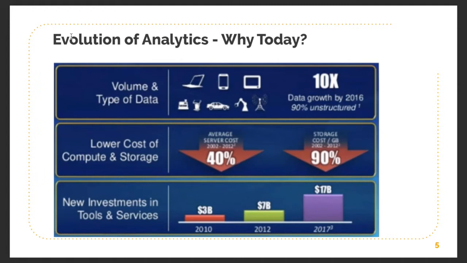Together with that, the cost of computing and storage went down and has been steadily decreasing, by up to 40% for server cost and 90% for storage cost by 2012. Similarly, we have new investments in tools and services. So they have created server farms and clouds where it's becoming cheaper for an individual or a small company to collect and store data.